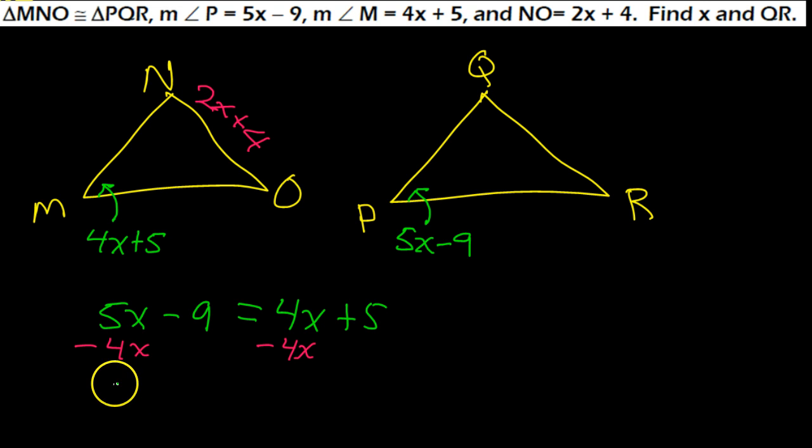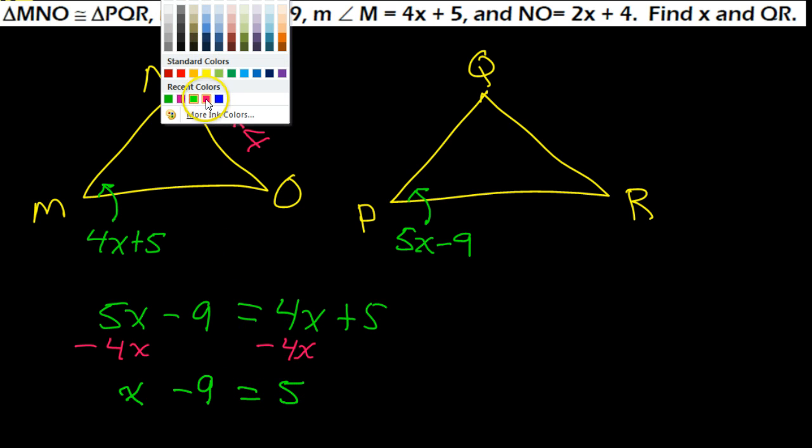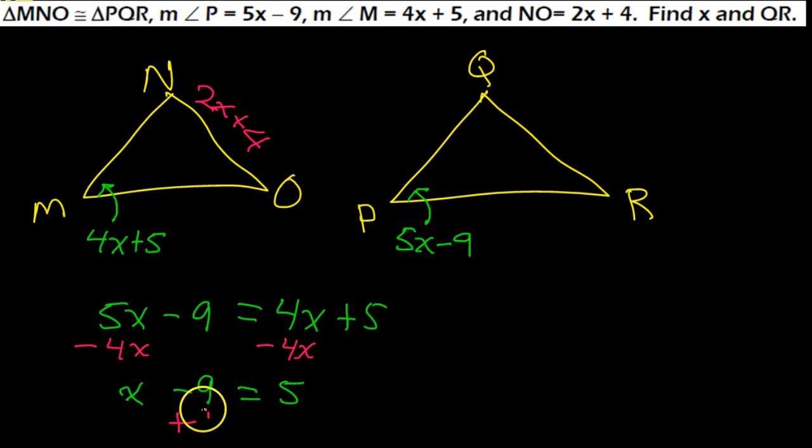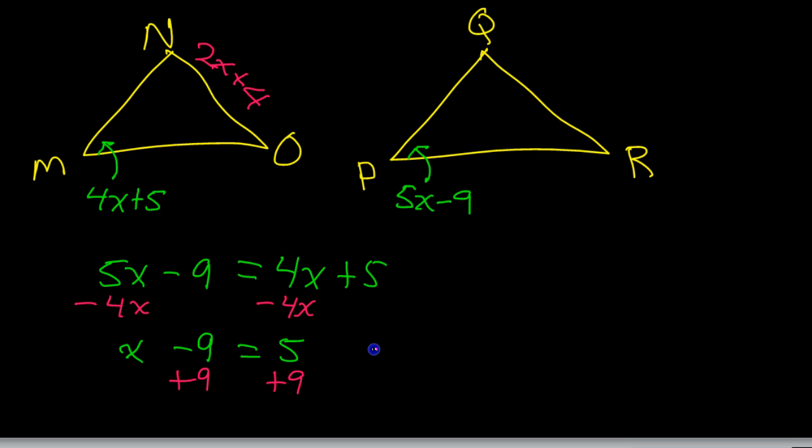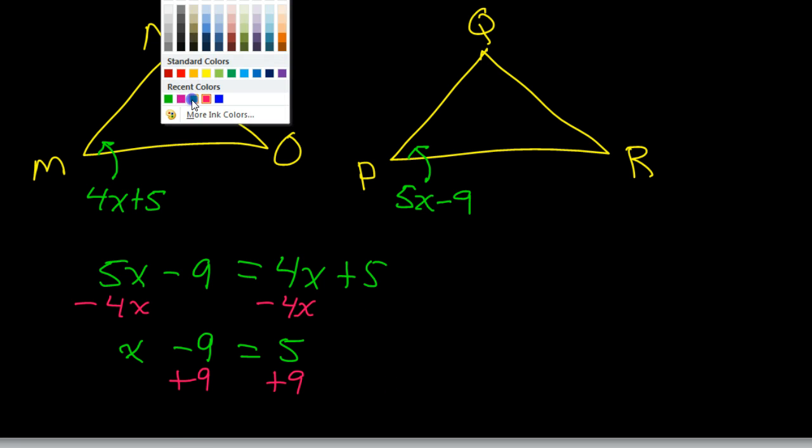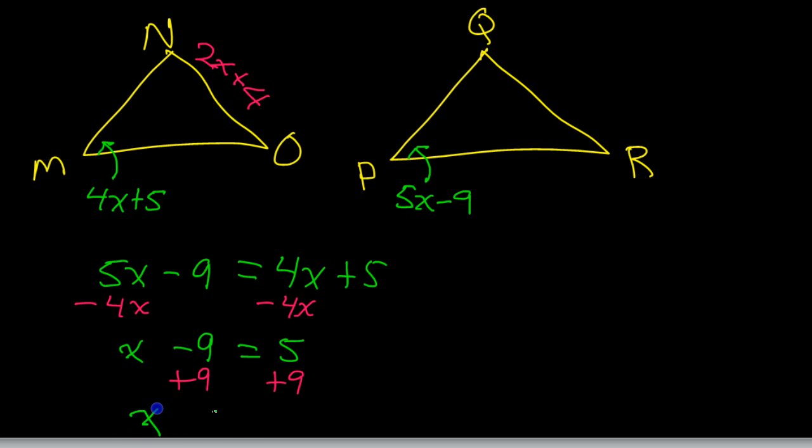And that's going to give us x minus 9 is equal to 5. Okay, then you can go ahead and add 9 to both sides. And that will give us that x is equal to 14. All right, so keep that in mind. x is equal to 14. That's one of the things we were supposed to find.